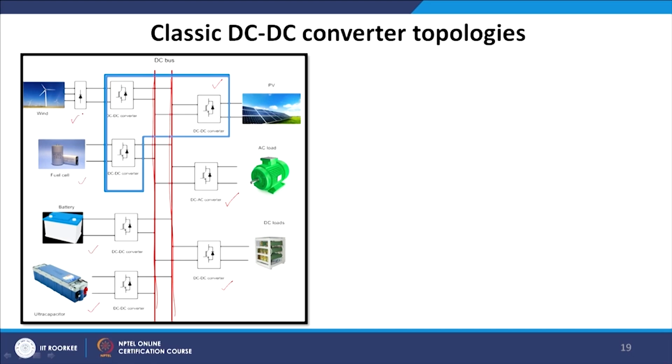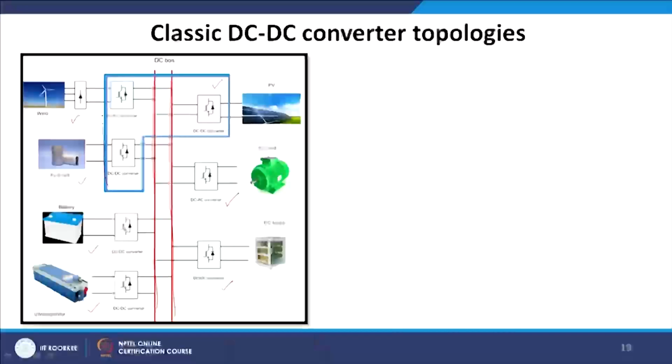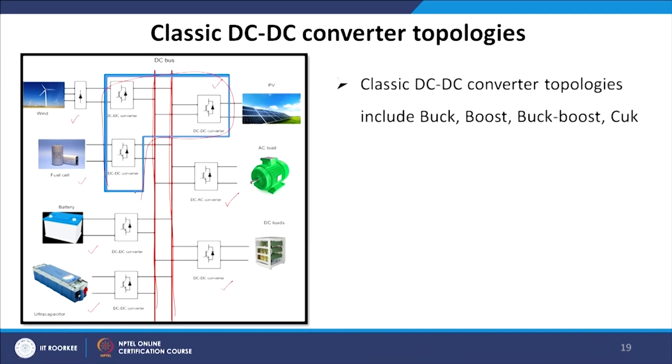So, we have different topologies for different devices, but the blue zone, especially the DC-DC converters for wind, fuel cell and PV, are of slightly more importance and we will discuss them shortly. Classic DC-DC converter topologies include buck, boost, and buck-boost types.